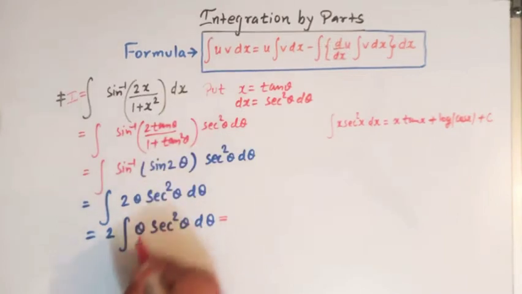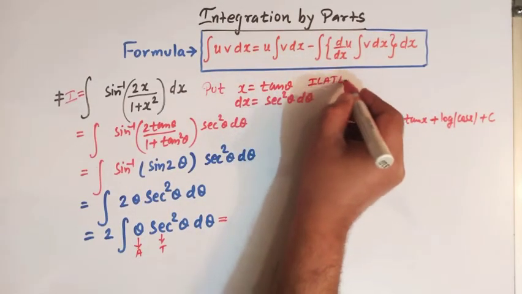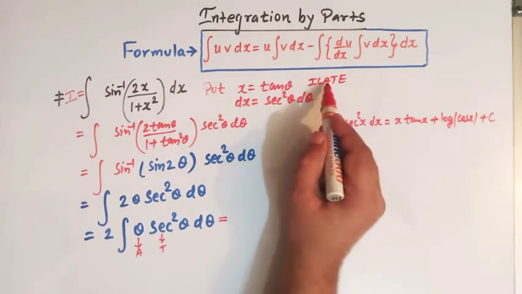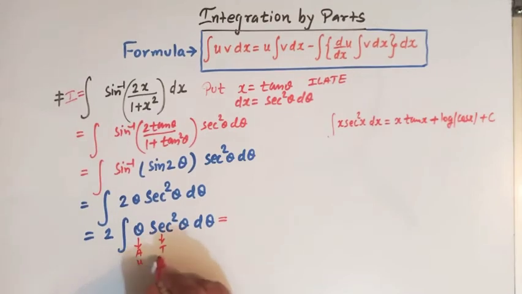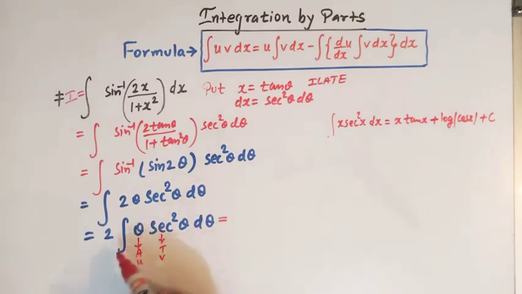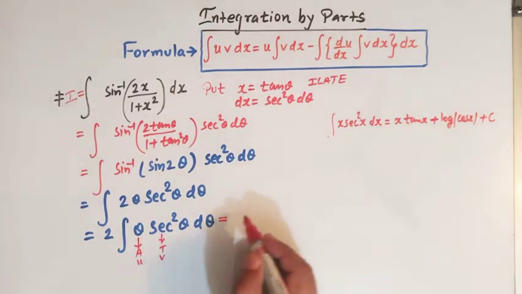This is the algebraic function, this is the trigonometric function, and we will make use of ILATE, and the algebraic function comes before the trigonometric function. So this is u and this is v, and we have just solved this type of integral, and I am directly writing this result here.